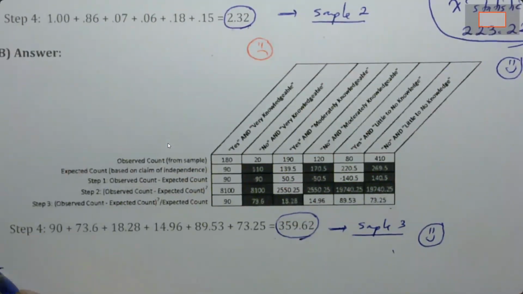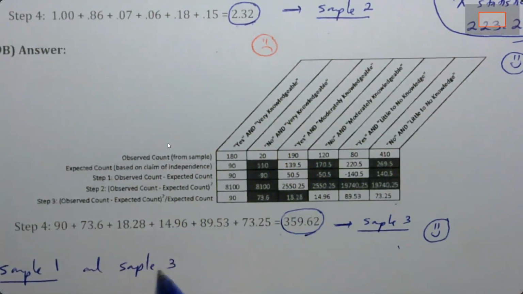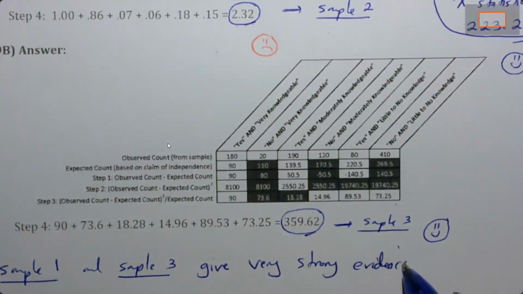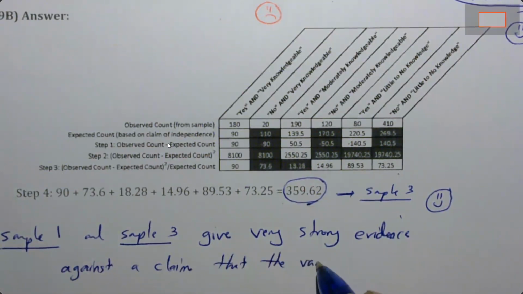Sample 1 and sample 3 both give very strong evidence against a claim that the variables are independent.